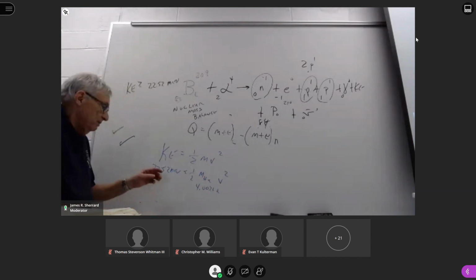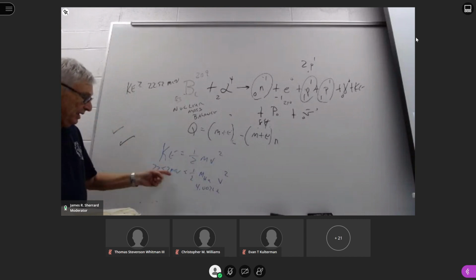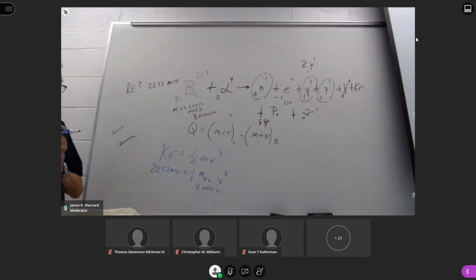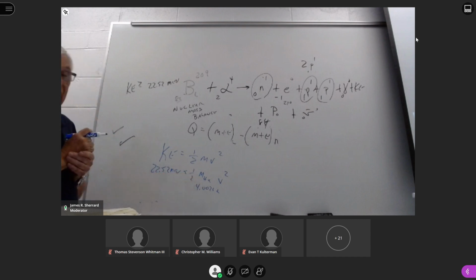We have to get AMUs and MeVs into units that will give us a velocity in meters per second. So basically, you're converting this energy into joules, and you're converting this mass into kilograms.